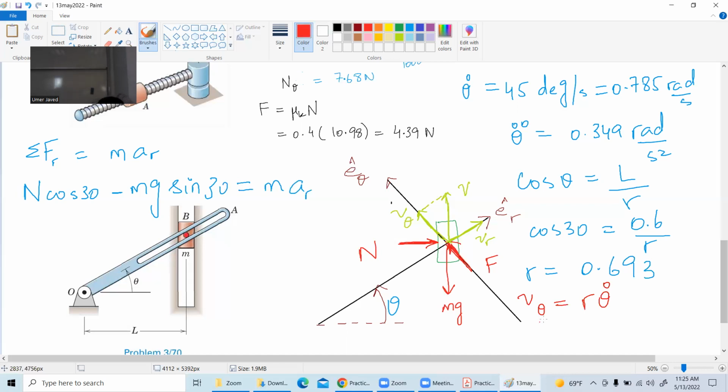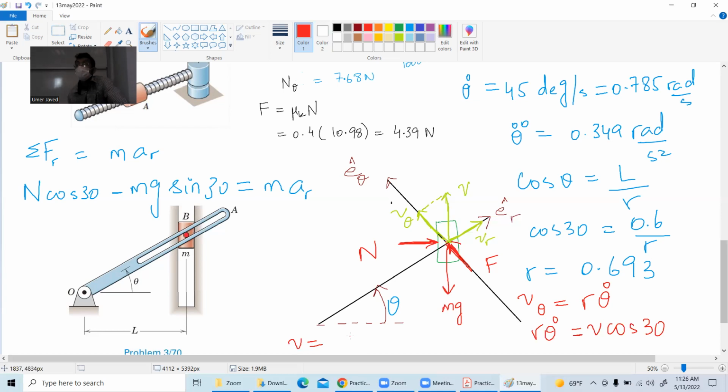So we have R theta dot as, okay, if I have, let's say, this velocity and I want to calculate V theta, it will be V multiplied by cosine theta. And from here, I can get the value of V.